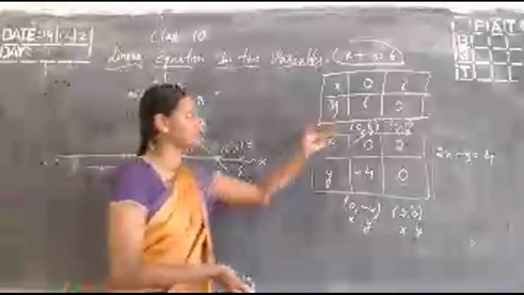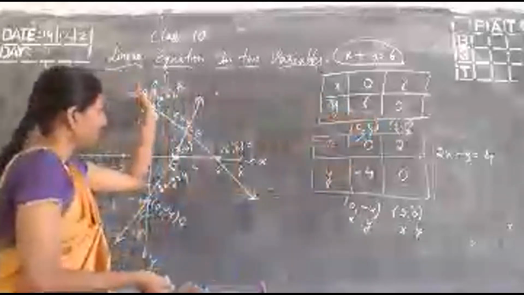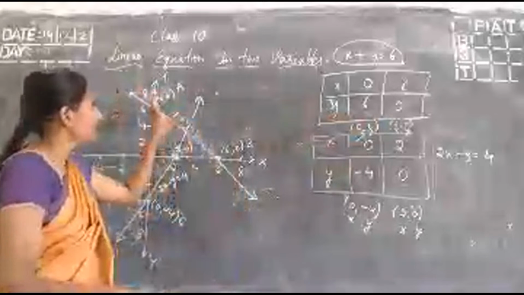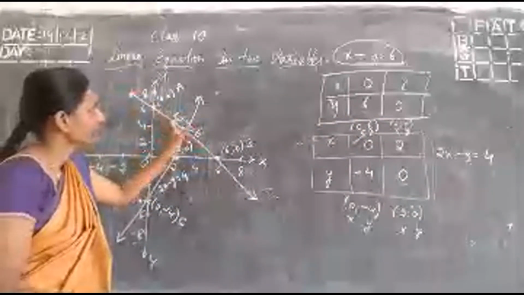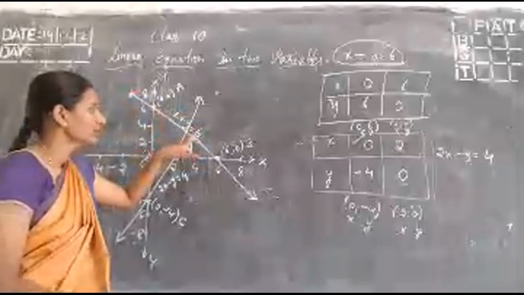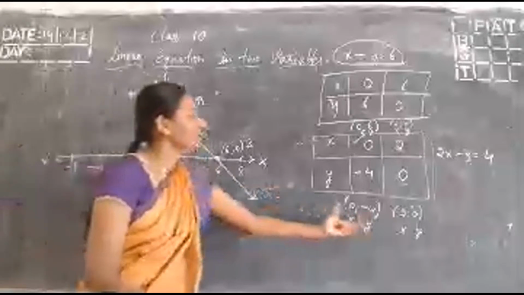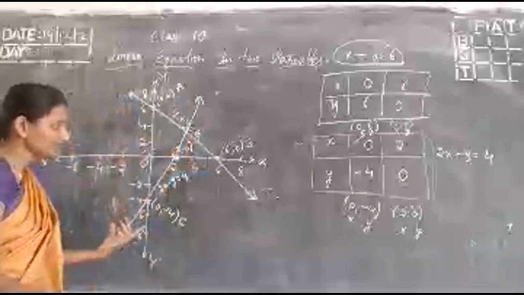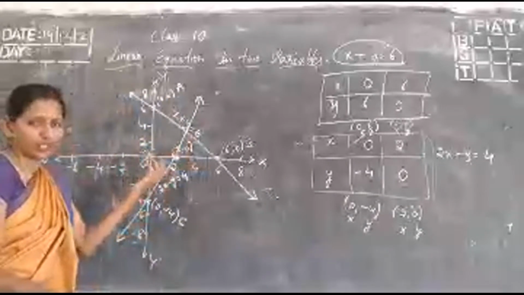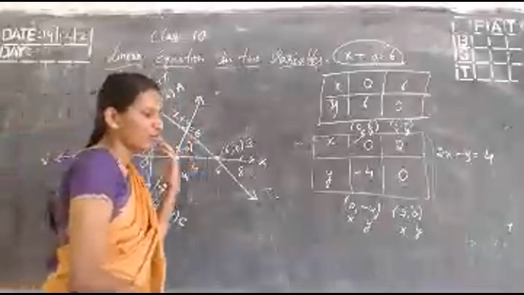See, by using these 2 points, we draw a straight line. These 2 points represent which equation? x plus y is equal to 6. And by using these 2 points, we draw a straight line which represents 2x minus y is equal to 4.